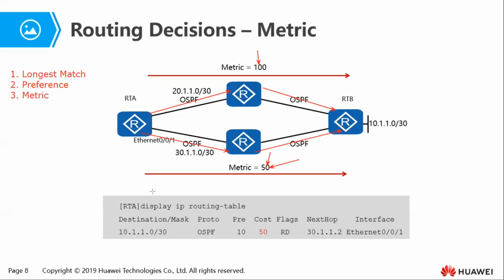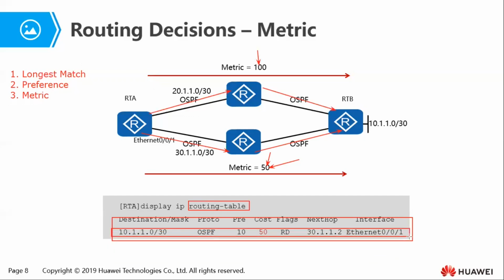And therefore, we simply install it in the routing table. You can see here under the cost, we've installed the one with a cost of 50. How can we confirm that? This is our next hop, 30.1.1.2/30. So we are not using the 20.1.1.2 next hop.